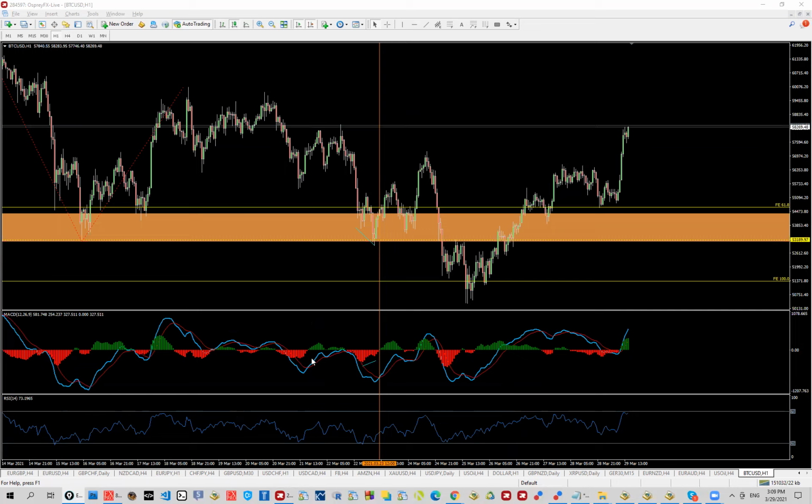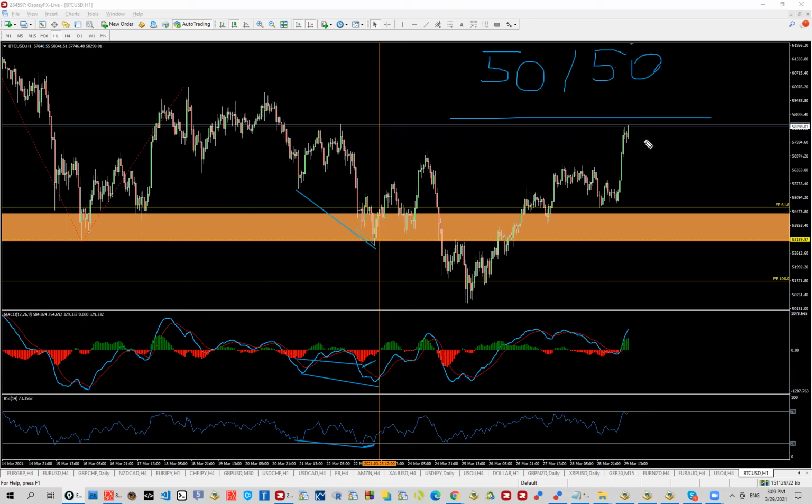Then on the 1-hour chart, again, look at this, pushing lower, pushing lower. Everything is pushing lower, okay? And that's the only divergence we see here, right here. So at best, you have 50-50 on this setup.